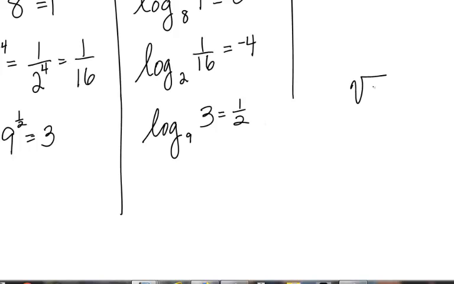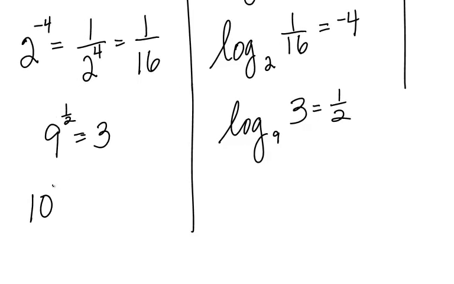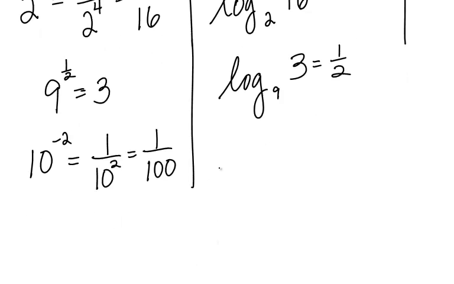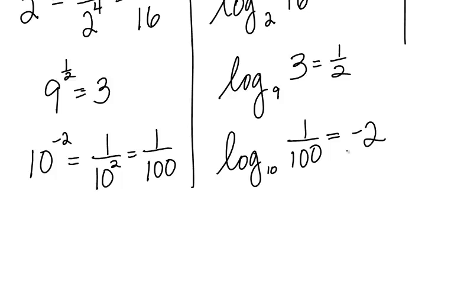That's like saying the square root of 9 equals 3. If you have 10 to the negative 2 power, remember, if it's a negative exponent, that's going to put that number down in the denominator, make it a positive exponent. That'd be 1/100. So that's the log of 1/100. The base is 10. The exponent is negative 2.